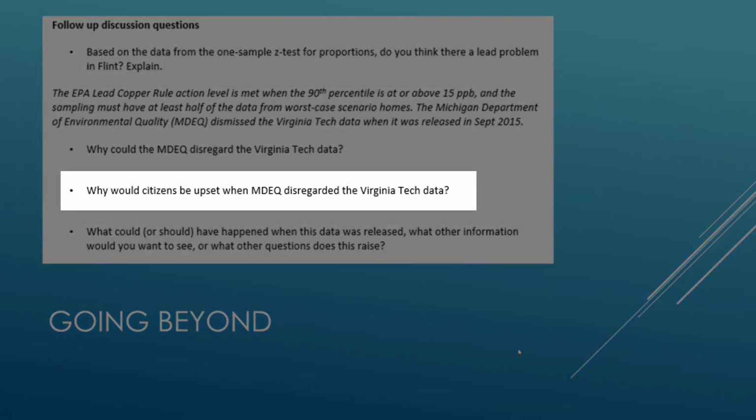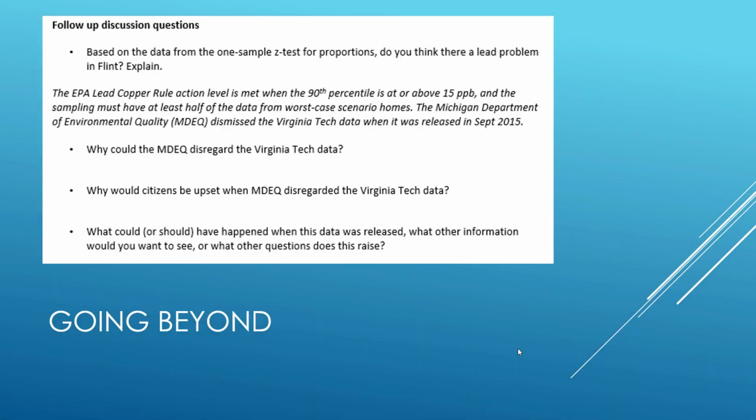Would the citizens be upset when they disregarded it? I hope so. Because they didn't include at least half of the data from worst case scenario homes. We don't know what percentage were from worst case scenario homes. So it's a good chance that by not guaranteeing you have a number of worst case scenario homes, you might have had even worse data if you would have followed the EPA rule.